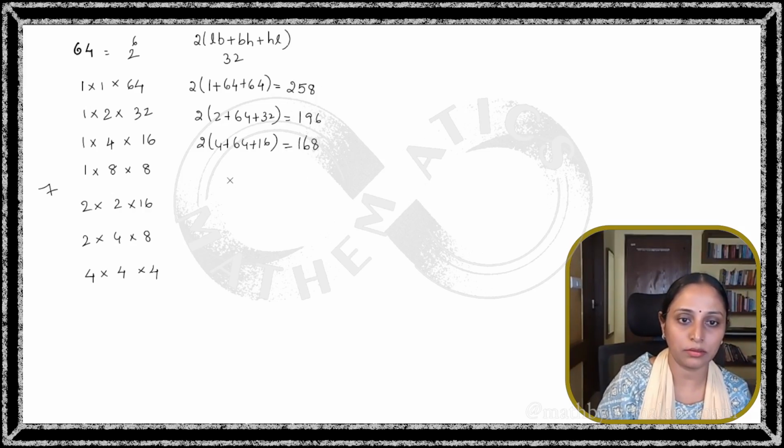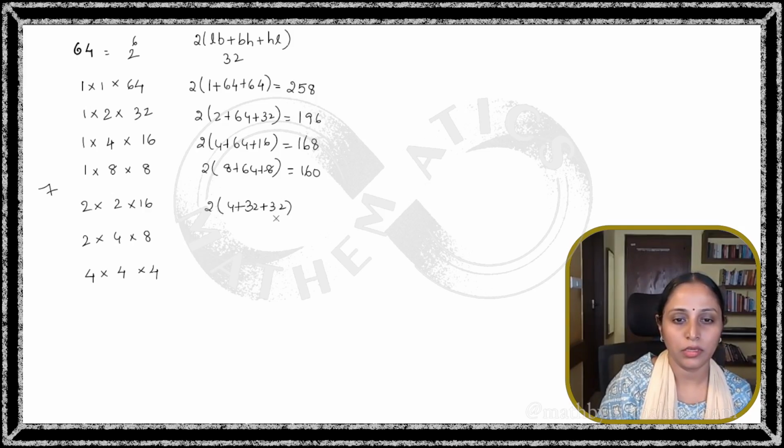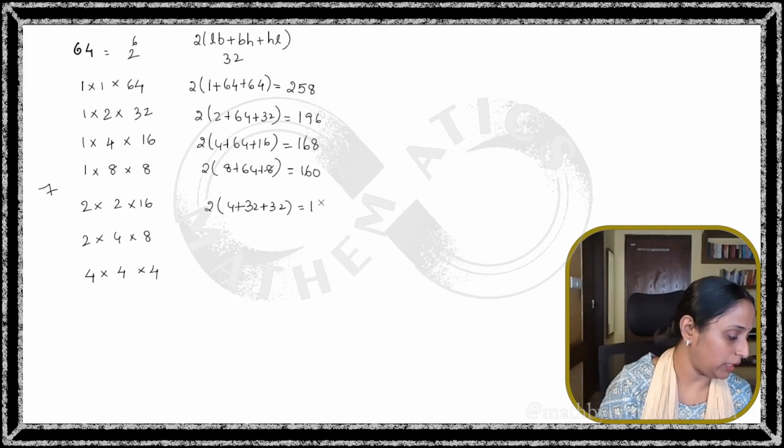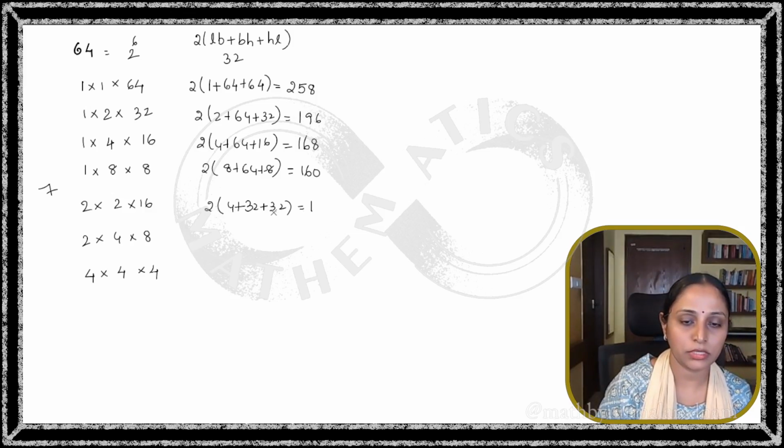You can see that the surface area is dropping. 8 plus 64 plus 8, which is 16, 160. This is 4 plus 32 plus 32. 68 is 120. 68 into 2 is 136.